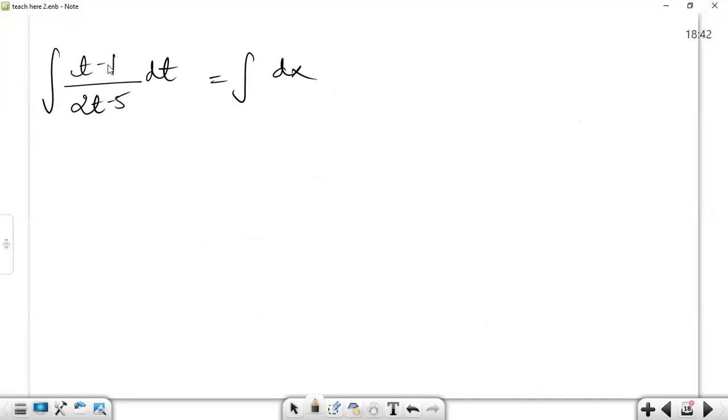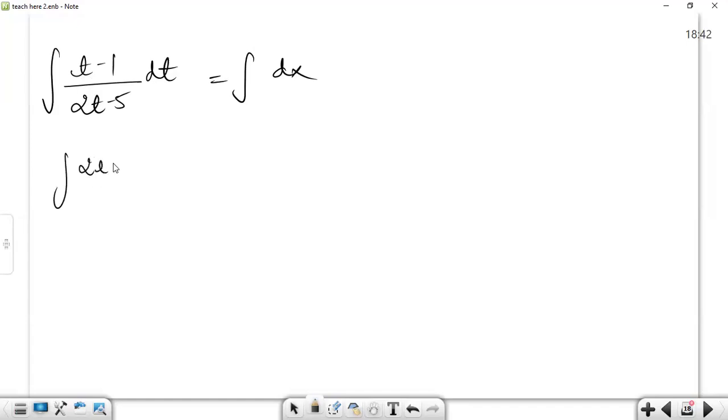Let's make 2t minus 5 in the numerator, and if the t gets eliminated from the numerator, we will be able to find the integration easily, by taking log. Integration of 1 by x is log. That's how I'm thinking about it.